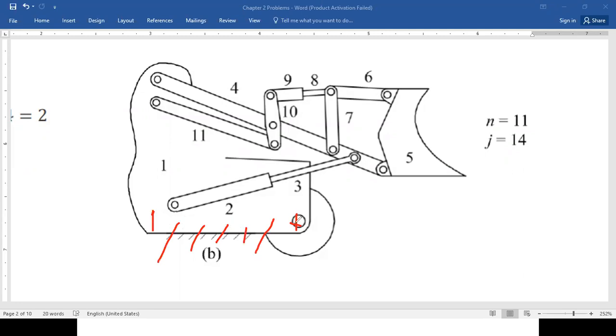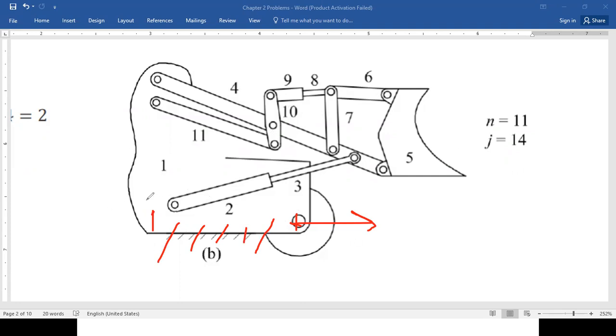I don't care if it's translating or not. The wheel will only control the translation of my system, but will not in any way affect the degree of freedom of my mechanism. So the presence of the wheel will just move my frame or not. Okay.